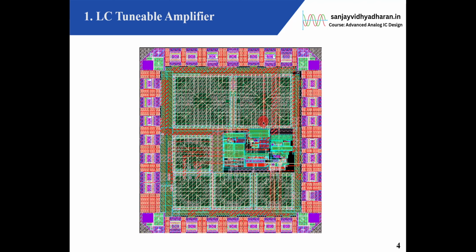Another drawback with inductors is that they occupy a lot of silicon area. This is one of my works. If you see here, in this much area there are around 400 odd transistors, but this is a single 1 nanoHenry inductor. So you see how much space it's taking here.